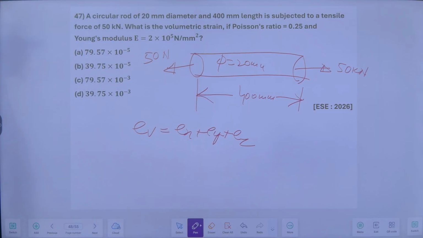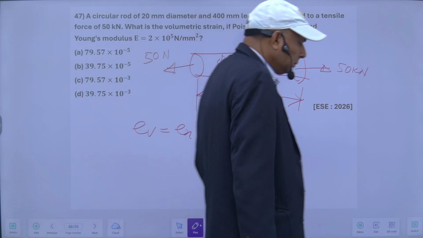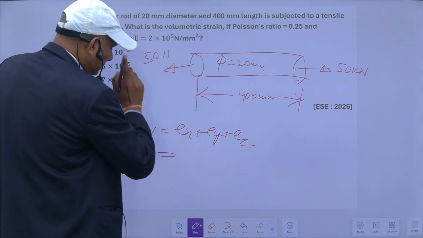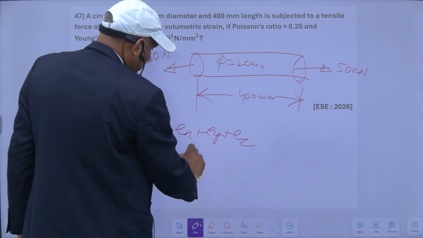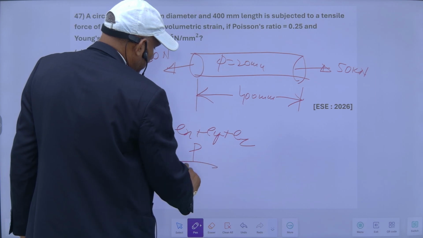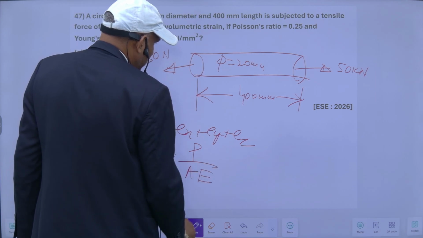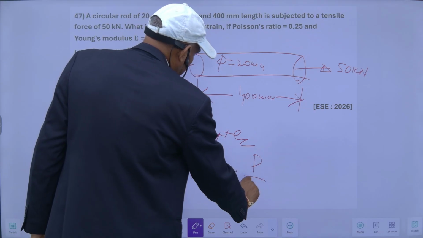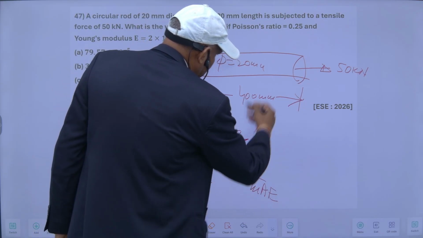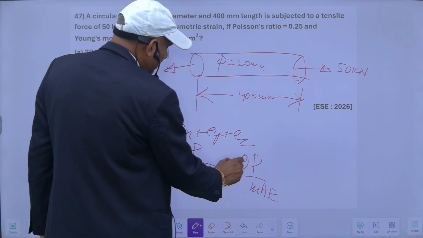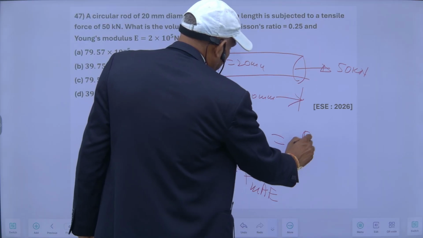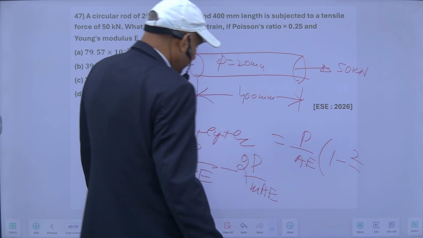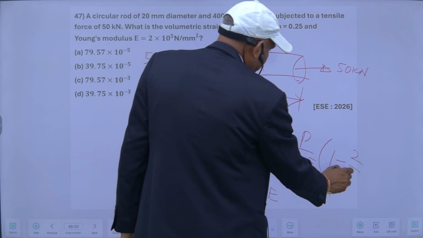So it is equal to load upon area into E, and in the x direction it will be the same and of opposite nature, and in the y direction also the same. So you can say in terms of this, P upon AE into 1 minus 2 upon M.